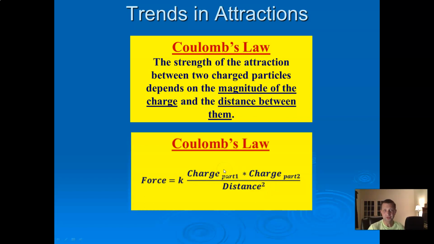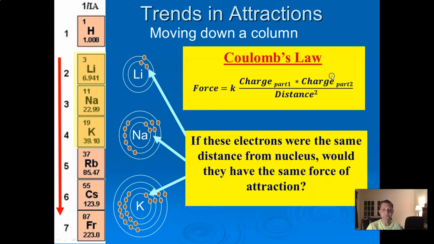If you triple your charge, you're tripling what you have in the numerator. But if you triple your distance, now you're tripling that squared, so it's a factor of 9 that you're changing this force by when it's in the denominator. So it's going to be a much bigger impact when you focus on distance, and I'll try to show you that in the next couple slides.